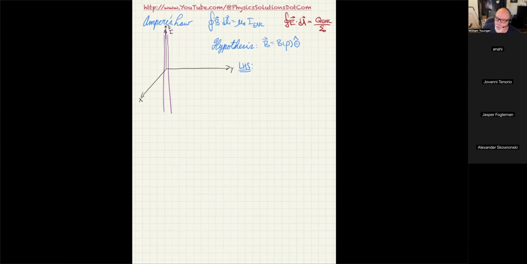So I want only parts of a path that have the magnetic field parallel to it, and therefore the magnetic field is a constant on it, or the magnetic field is perpendicular to the other parts, and therefore B dot dl is zero. In doing that, that means my Amperian loop is going to be a circle centered on the wire. So I'm going to say that is my Amperian loop.